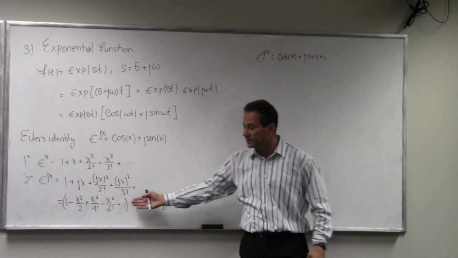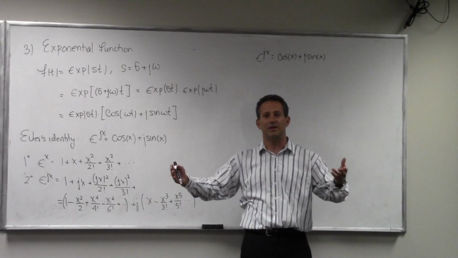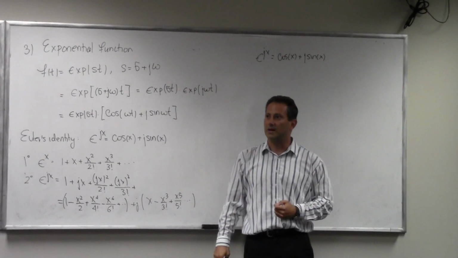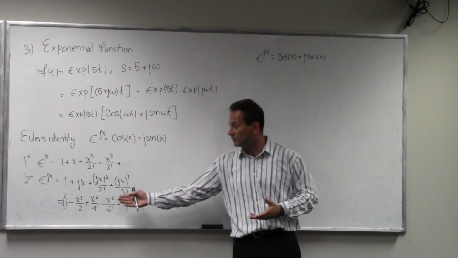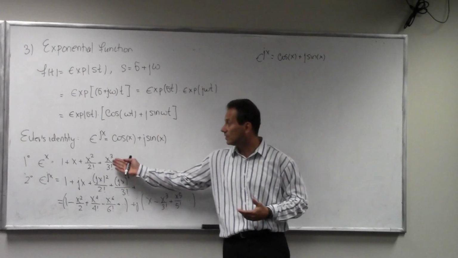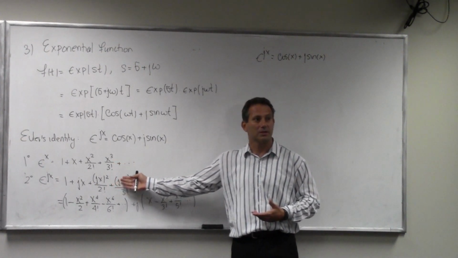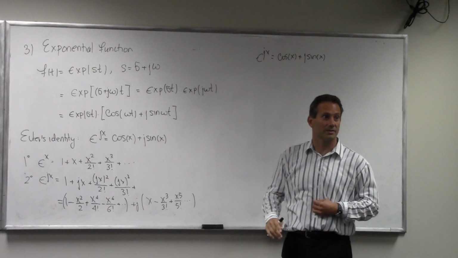The cosine is this, sine is this. It happens that the ratio of the adjacent side over the longest side is a cosine, but that's not the proper definition of the cosine. The definition of the cosine is this. And if you look at the definition of e to the x and you plug in jx, it happens that this is cosine x plus j sine x.